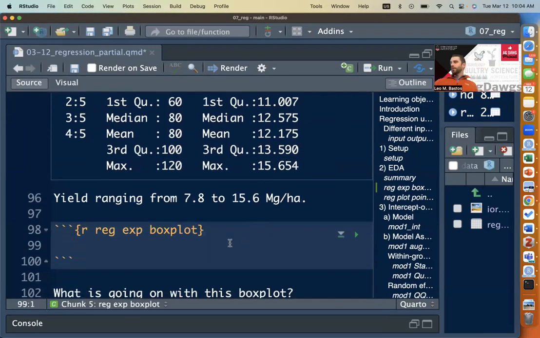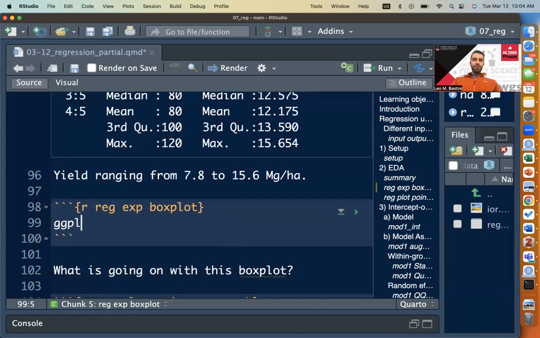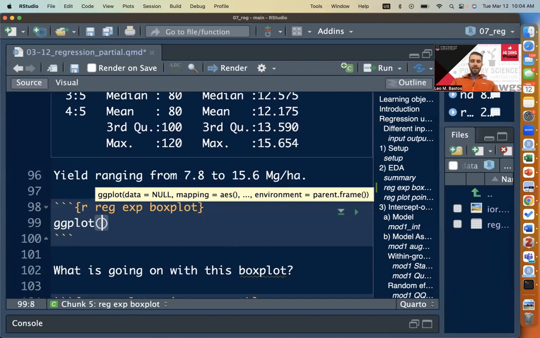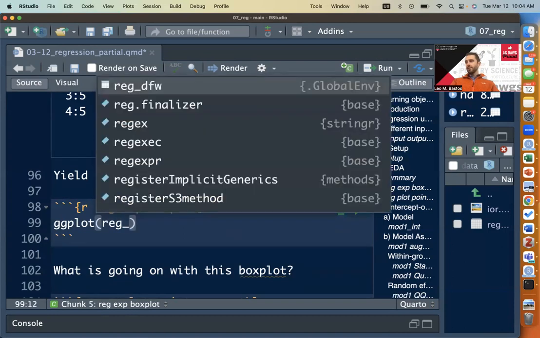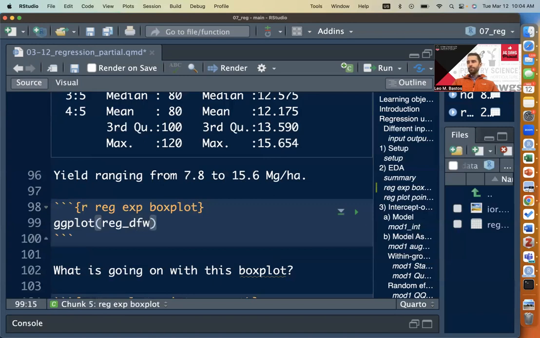All right, I do want to make plots as well, right? I think plots are very helpful for us to understand what's going on. So my goal in this chunk here is to create a box plot. Let's begin with ggplot. The first thing is the data. So the data is called reg_dfw.